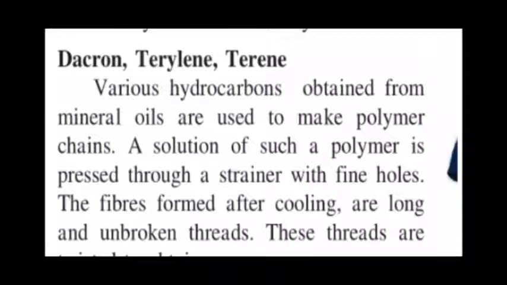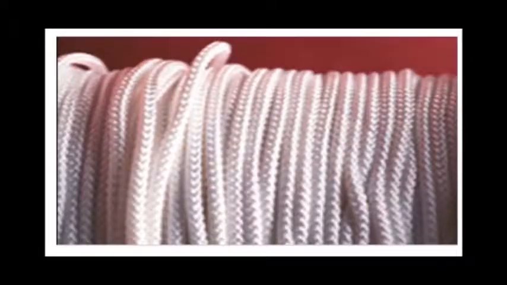Dacron, terylene, terene. Various hydrocarbons obtained from mineral oils are used to make polymer chains. A solution of such a polymer is pressed through a strainer with fine holes. The fibres formed after cooling are long and unbroken threads. These threads are called the synthetic threads. Terylene.